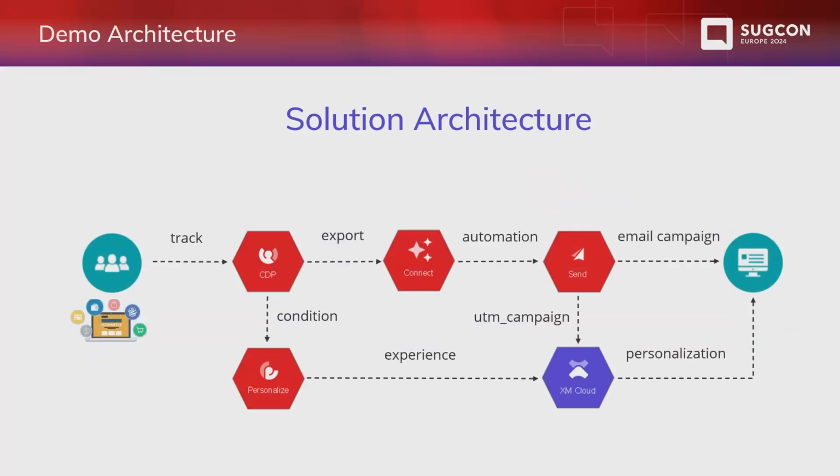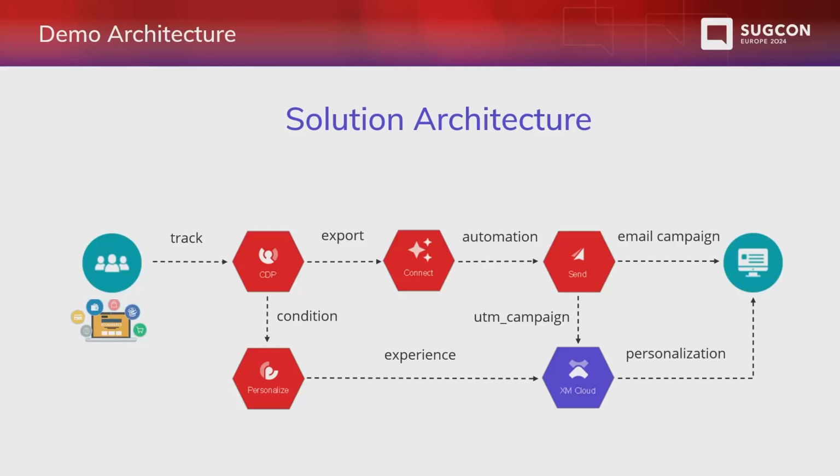Here you can see the solution architecture of my demo. We have a customer e-commerce website where we track our customers and their orders and store all this data in Sitecore CDP. In Sitecore CDP, we will identify these churn customers. We will create segments, and we will know who are our at-risk-of-churn customers.